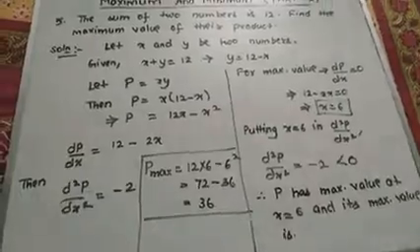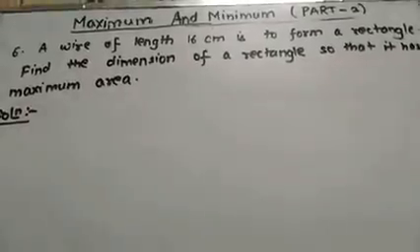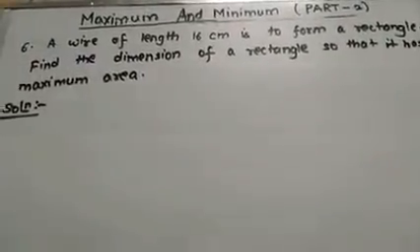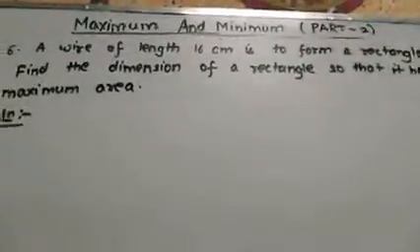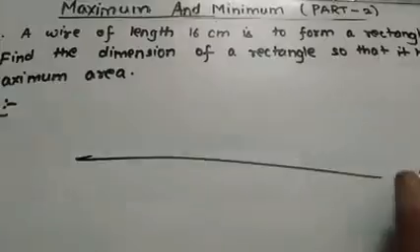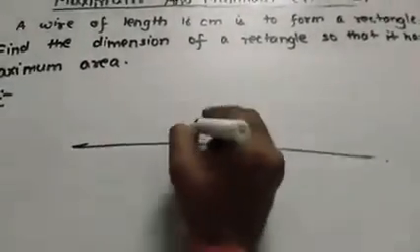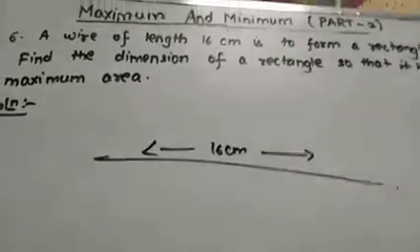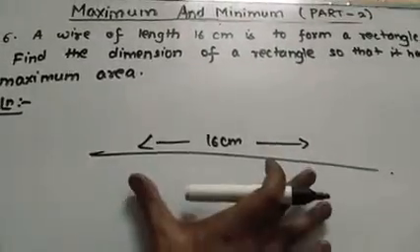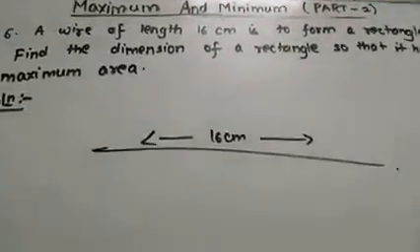Now the next question. A wire of length 16 centimeter is to form a rectangle. That means suppose this is a wire and its length is 16 centimeter. Now this wire is used to form a rectangle.